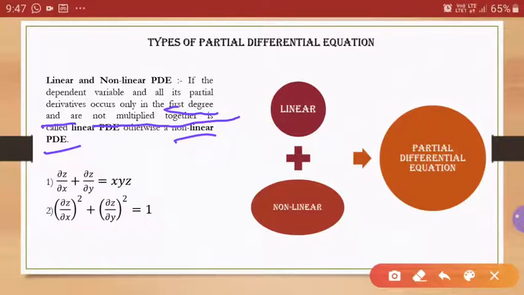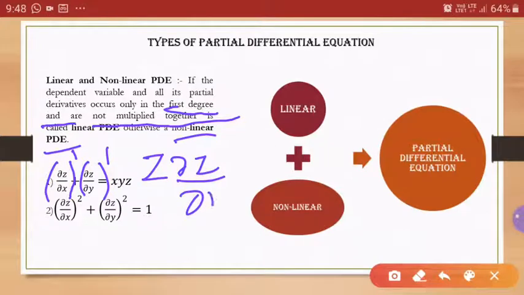Now see here, the first part is del z by del x plus del z by del y. What is the highest order derivative here? Del z by del x means order is 1 here. What is its power? Its power is 1. So if the power is 1 and it is not multiplied by z into del z by del x, then that equation is called a linear differential equation.